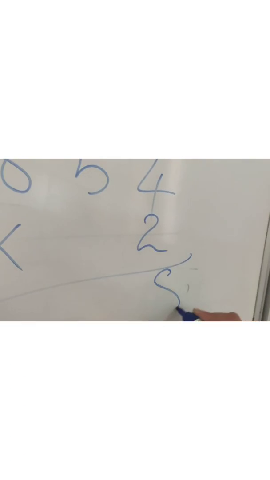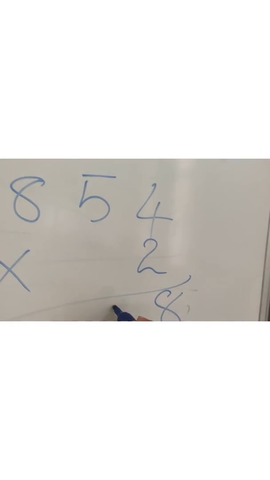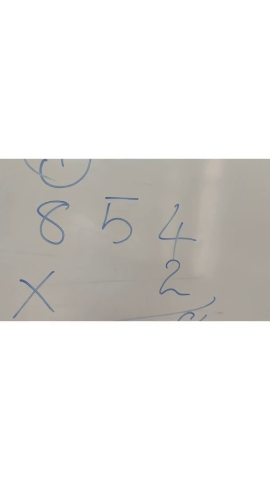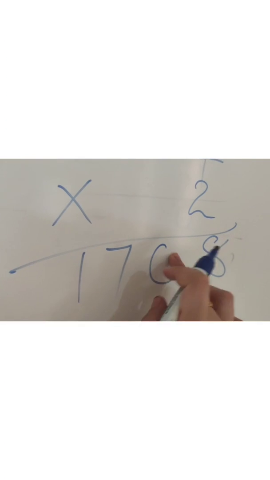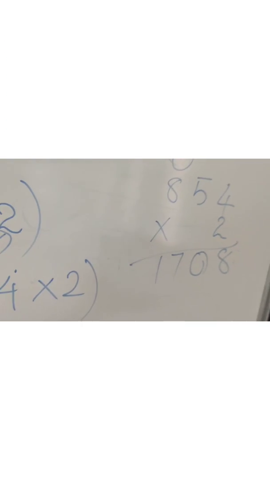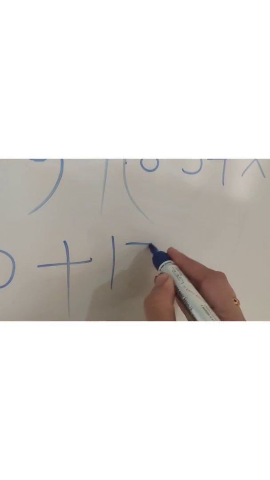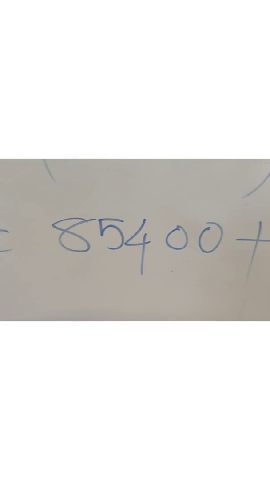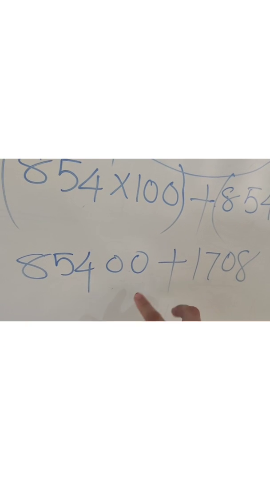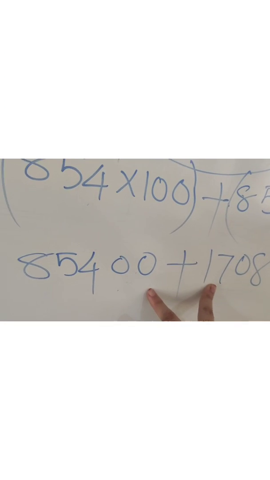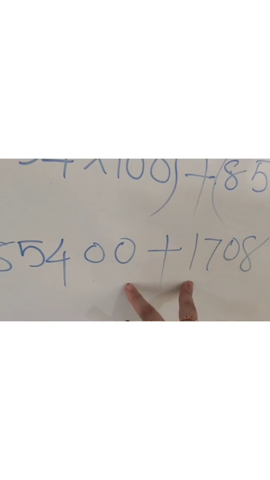So 2 4s are 8. 2 5s are 10, 1 up. 2 8s are 16 and 1, 17. So 1708. Then after, here is the sign of addition. So we are going to add both the numbers.